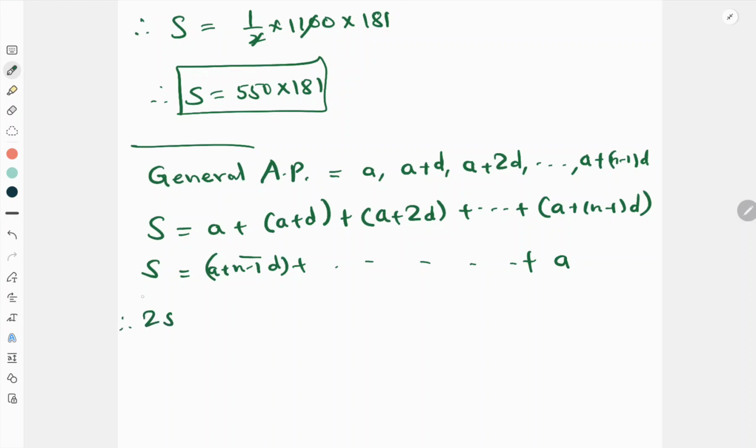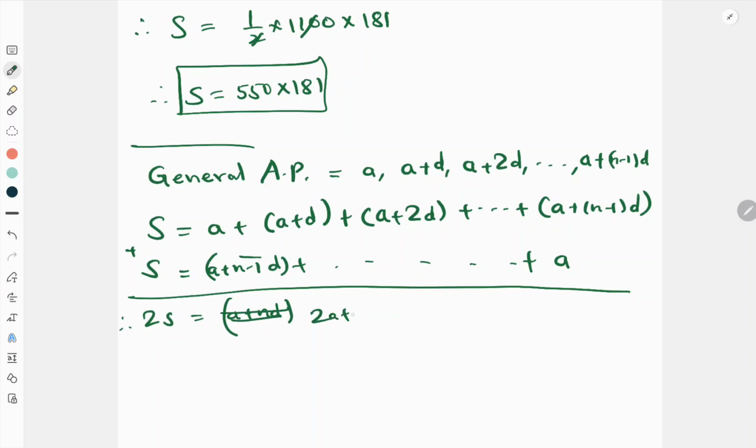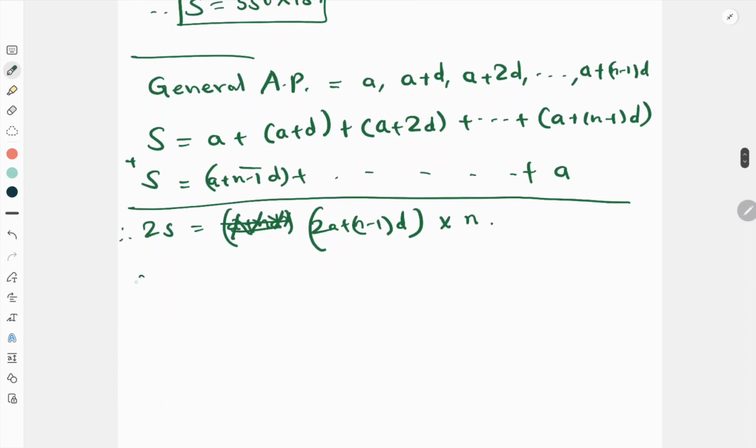So 2s, adding these two, is equal to, sorry, I confused visually between this a and d. 2a plus n minus 1 times d. So the sum of these terms is 2a plus n minus 1 times d, times the number of terms, which is n. So the summation is equal to n by 2 times 2a plus n minus 1 times d.